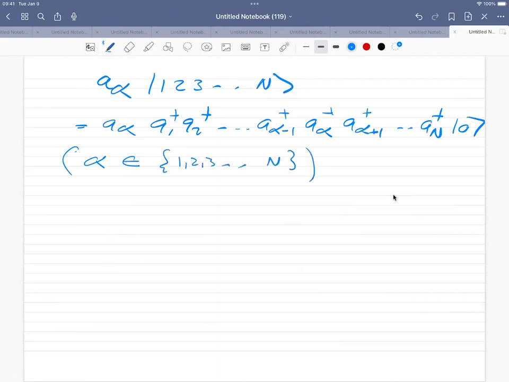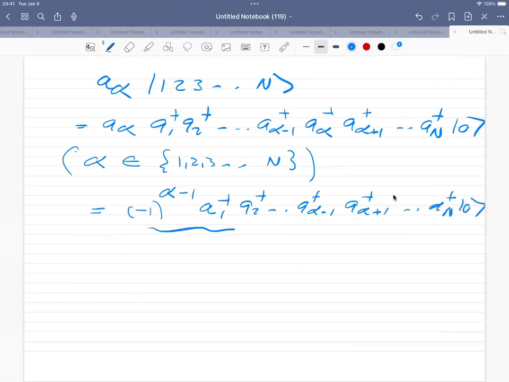If it's not included, then we know that this is exactly 0. So this is the only case which gives us a non-zero result. And this action, when we order it properly, is going to be given by minus 1 to the power of alpha minus 1, and then I would have a1 dagger, a2 dagger, up to a_{alpha-1} dagger, and then a_{alpha+1} dagger, all the way up to a_n dagger. And this state which we have here now is an n minus 1 state.